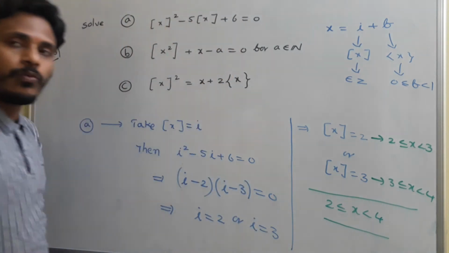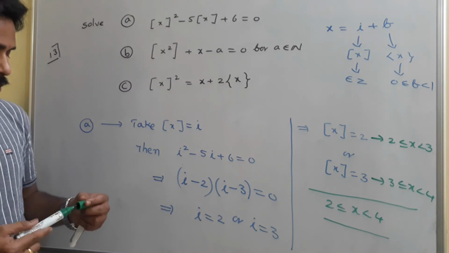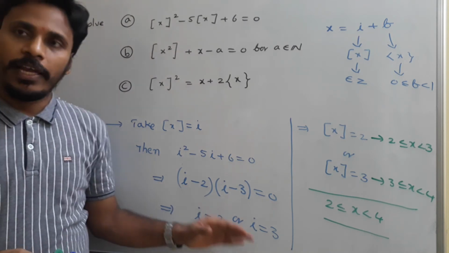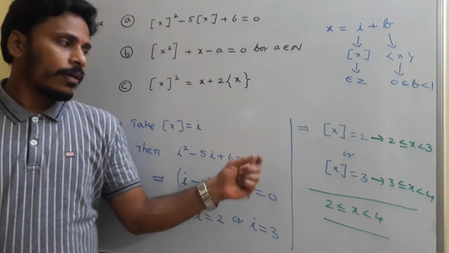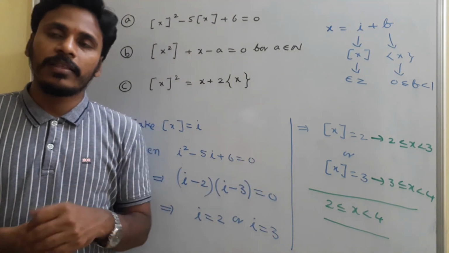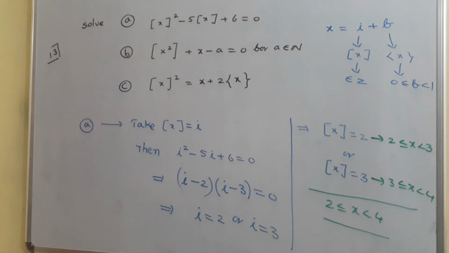So x belongs to the closed-open interval 2 to 4. Just have a look. First we need to find the value of I. From there, step x. So using that step x value, locate the region where that x is located. Just have a look, and that's 13a.